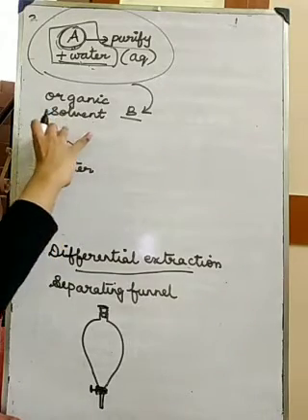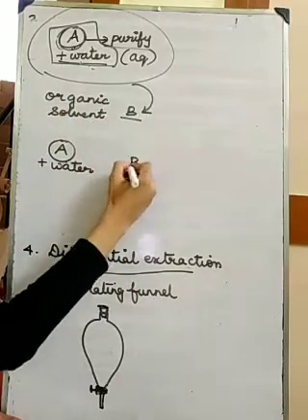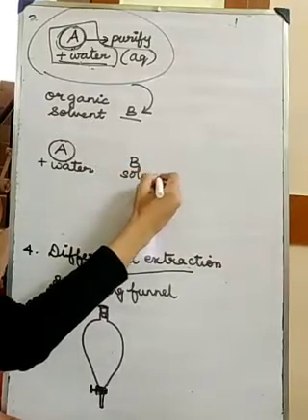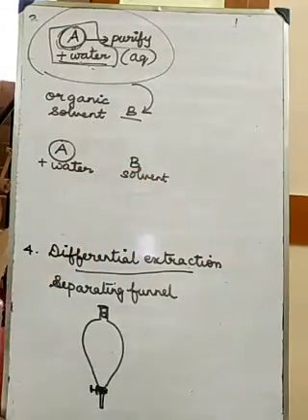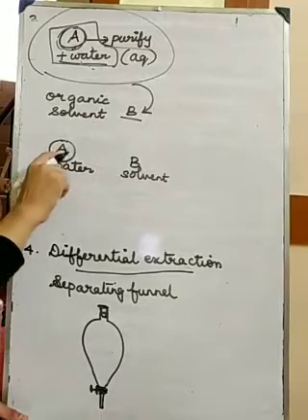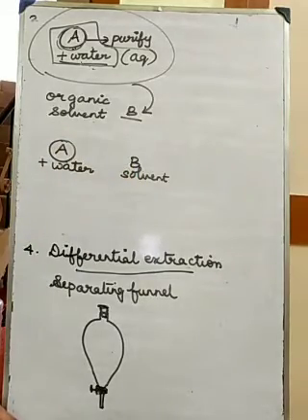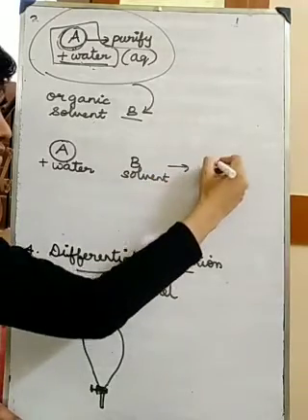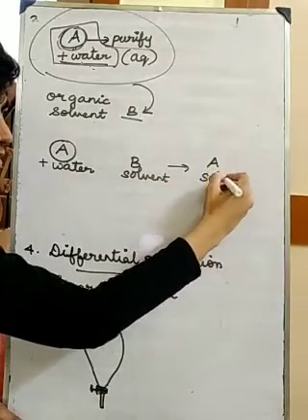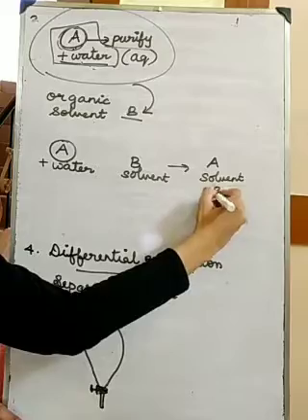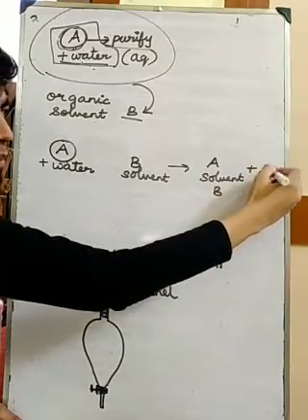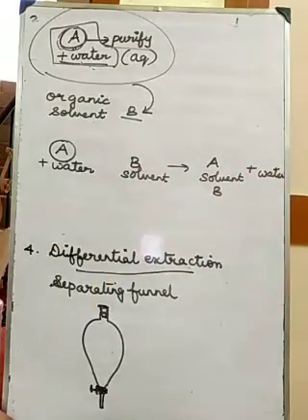You are going to pour it into another solvent B. Now what will happen? This A will move out of water and it will mix with the solvent B. So now A will be present with the solvent B and the water will form a separate layer.